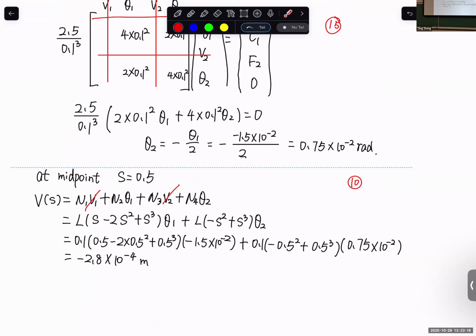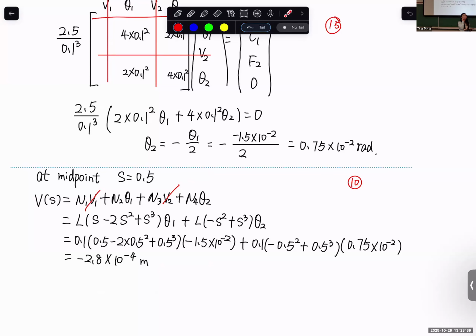How do we know that there is a bending moment C1 at the first node, but there's no bending moment at the second node? I talked about it in the classroom. You guys remember I talked about it, right? I repeated several times.